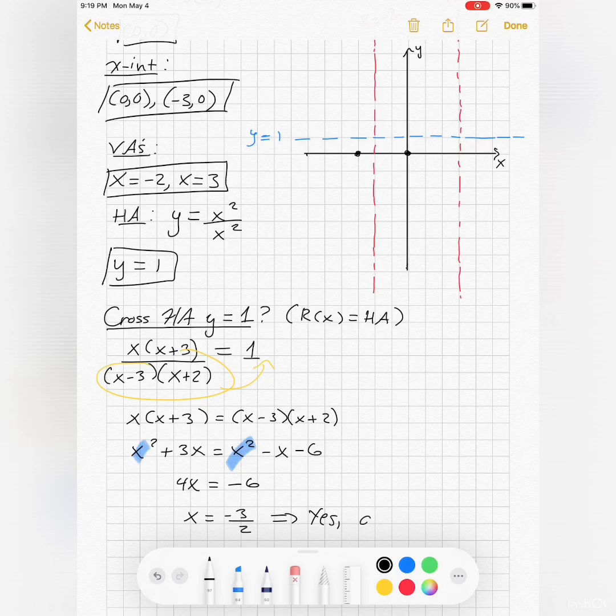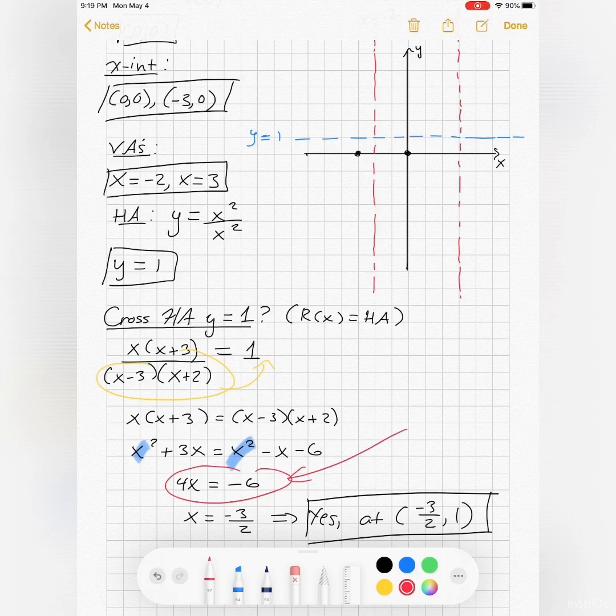So I do get an x value. So yes, the graph does cross its horizontal asymptote at -3/2, 1. We'll do one later where the graph doesn't cross, but what would happen is you would get a false statement here, like 4 equals -6, where all the x's would cancel.